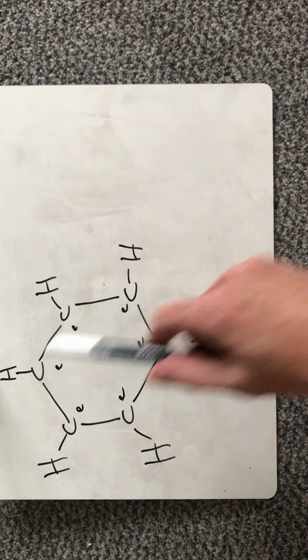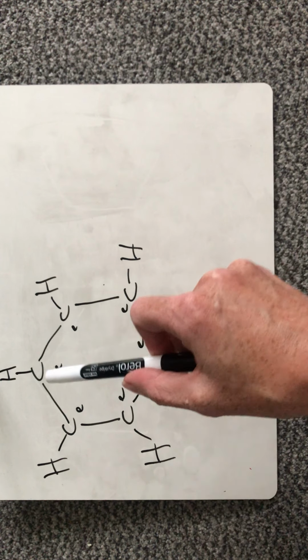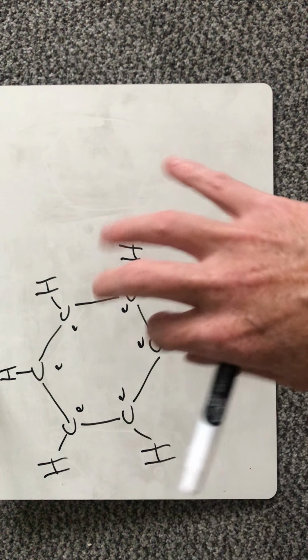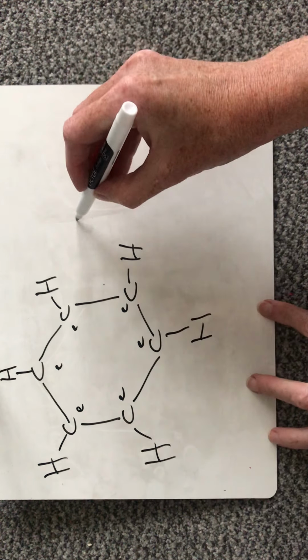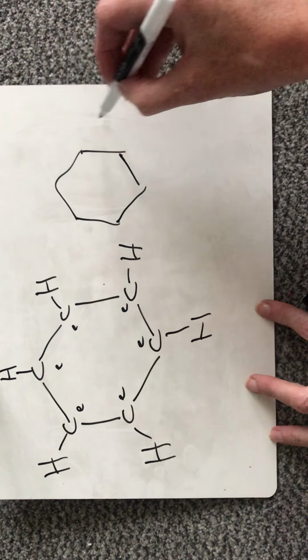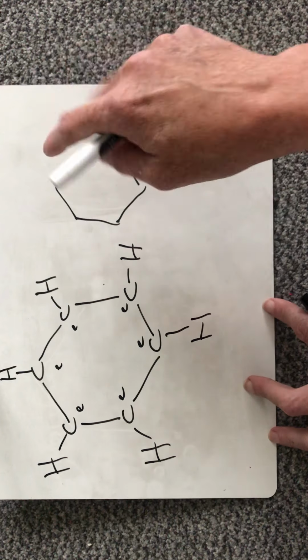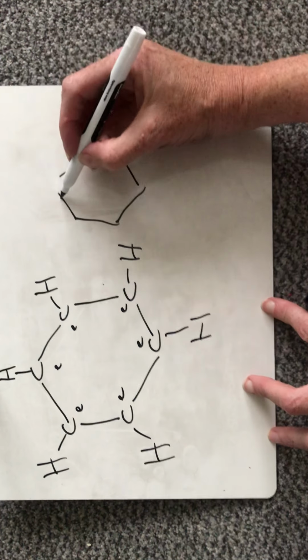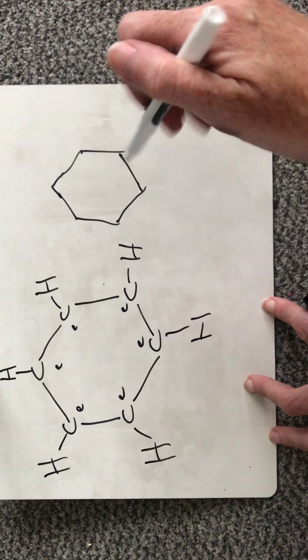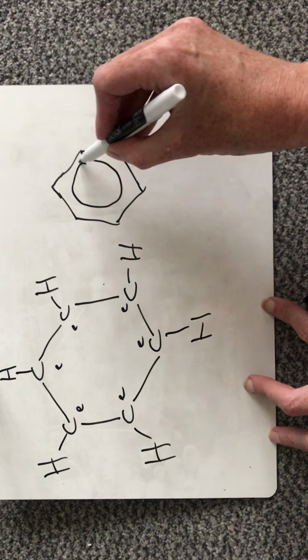Now what happens is those 6 electrons don't just sit there on each of the carbons. They become what we call delocalized, and they float around in between them, which is why you get the hexagon, and each of those carbons at the points has a hydrogen on it, and the 6 electrons are in this ring here.